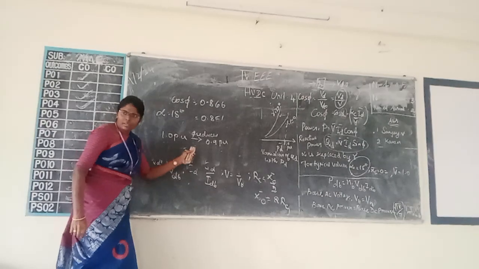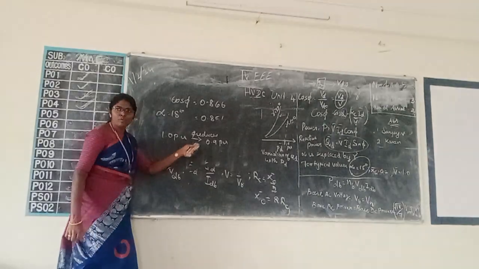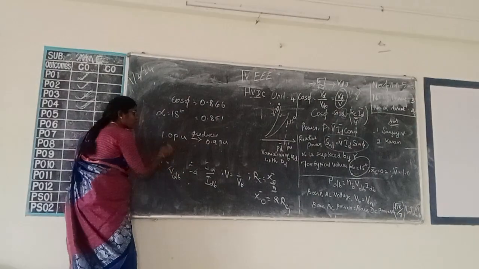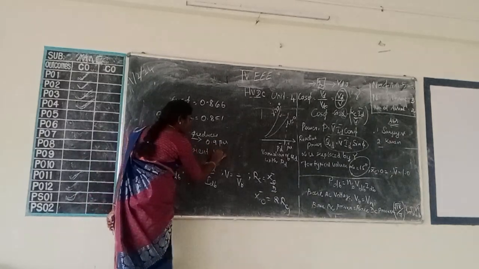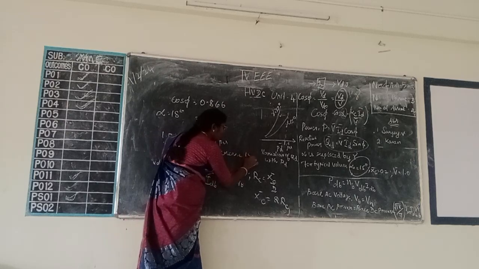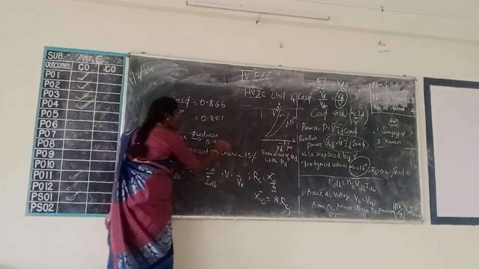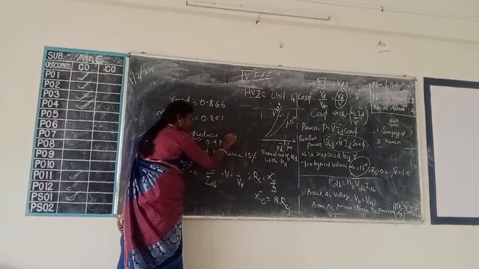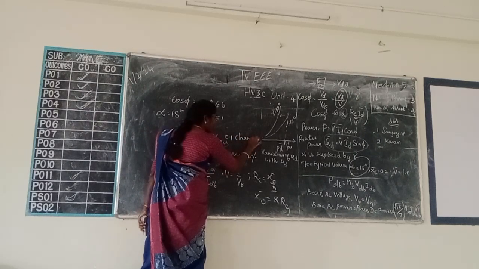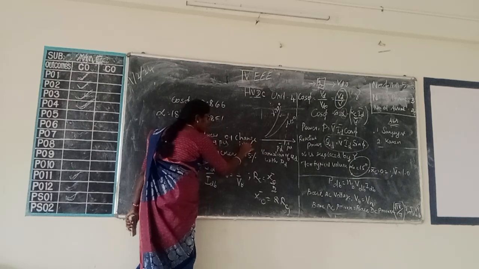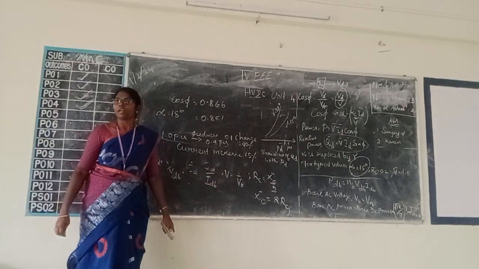This 0.1 unit of change will make your current increase by up to 15%. How much percentage is the voltage changing? 10%, right? Just a change of 10% in voltage will increase the current by 15%.